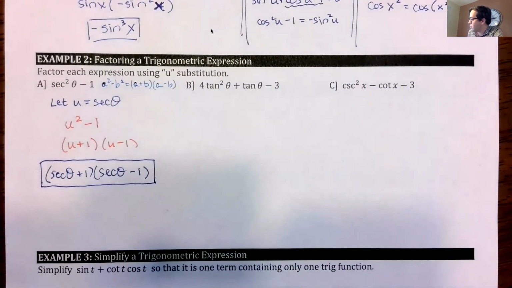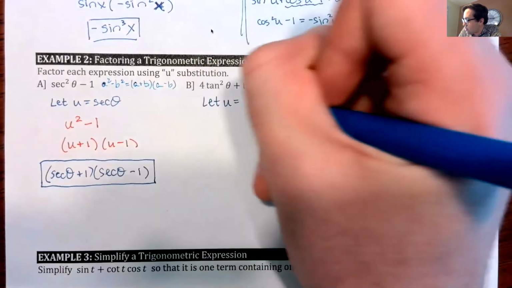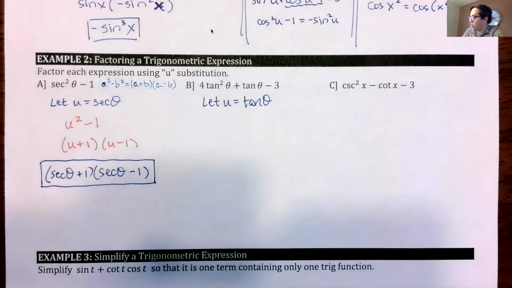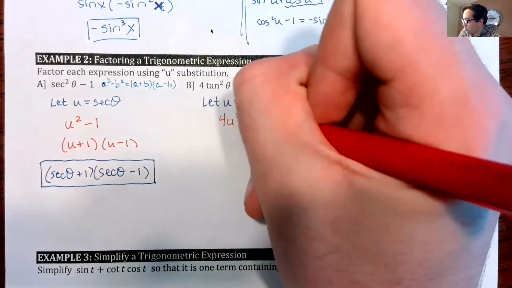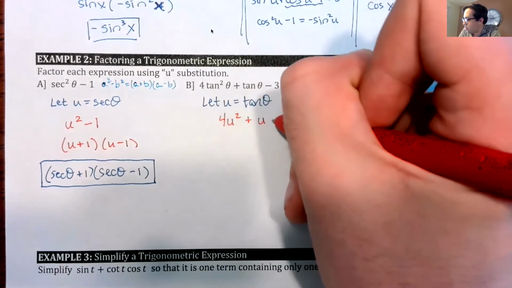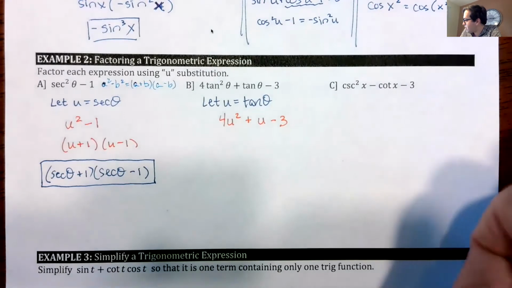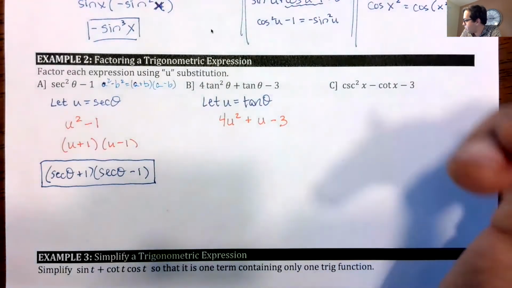All right, I'm going to do the same thing in the next question. This time I'm going to let u equal tangent of theta. So I am going to go through and change everything to u. So it'll become 4u squared plus u minus 3. And now this looks like a quadratic that we can factor. And indeed it does factor. Whatever factoring method you want to use to factor this, please do.